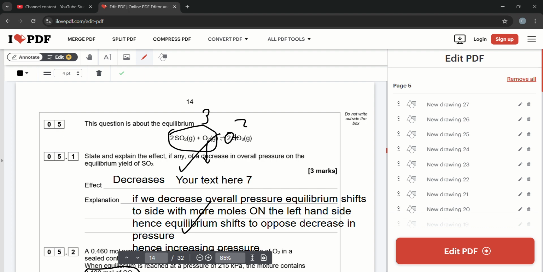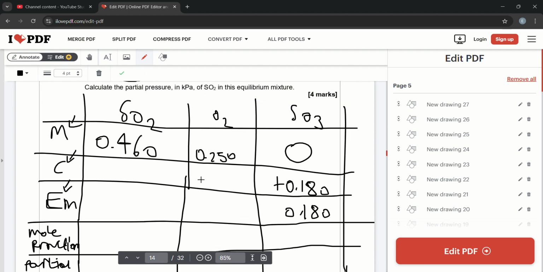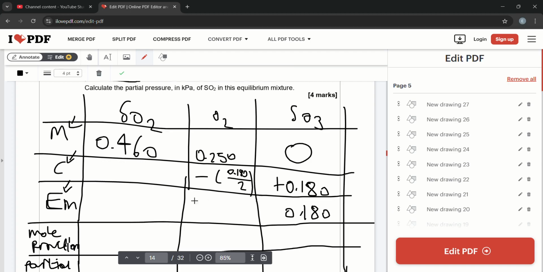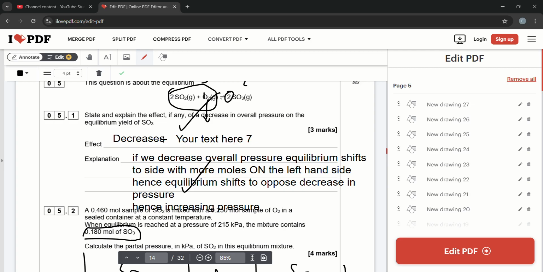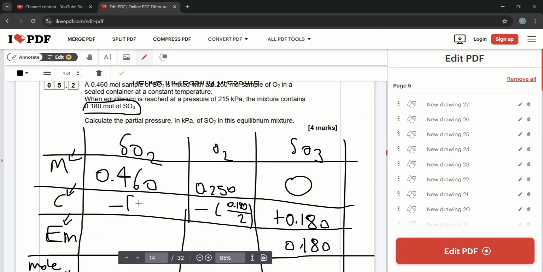Now if SO3 is increasing, the reactants must be decreasing. This is a 1 to 2 molar ratio, so for O2 it's going to decrease by 0.180 divided by 2. And for SO2 it's also got a 2, so it's going to decrease by 0.180.